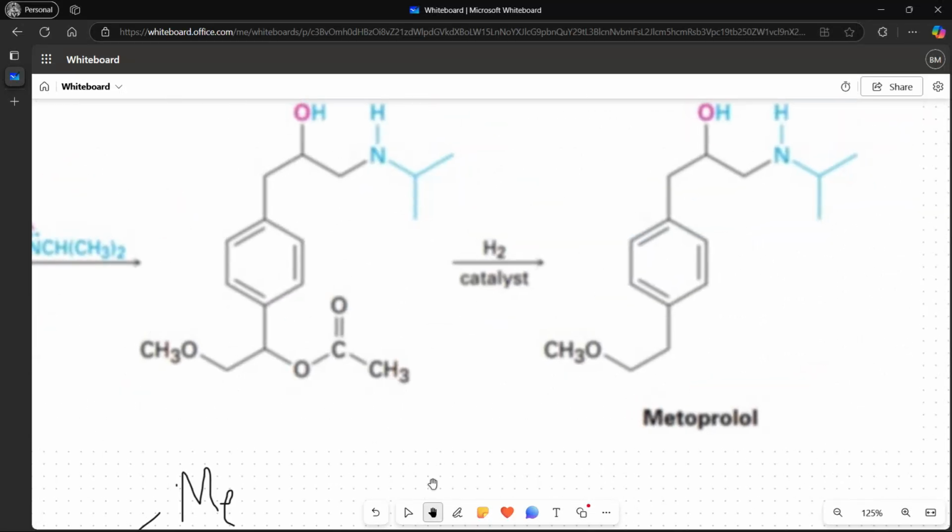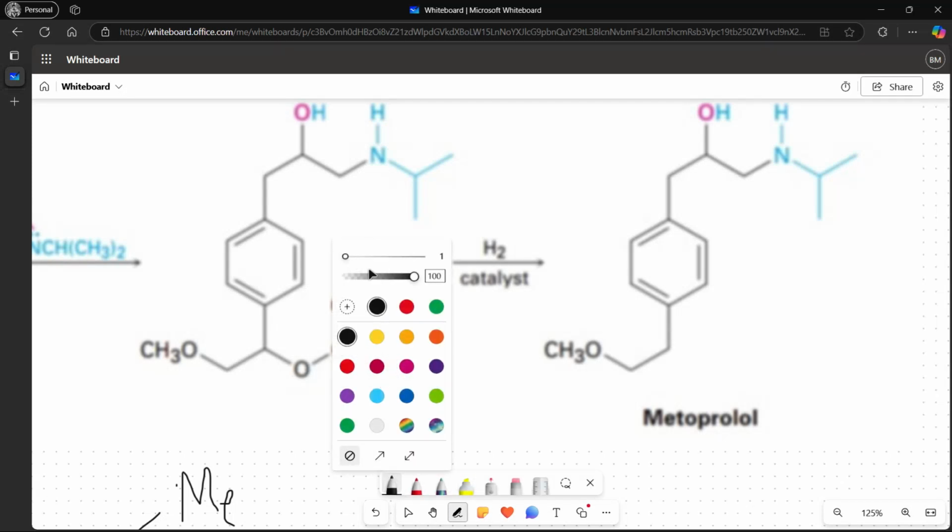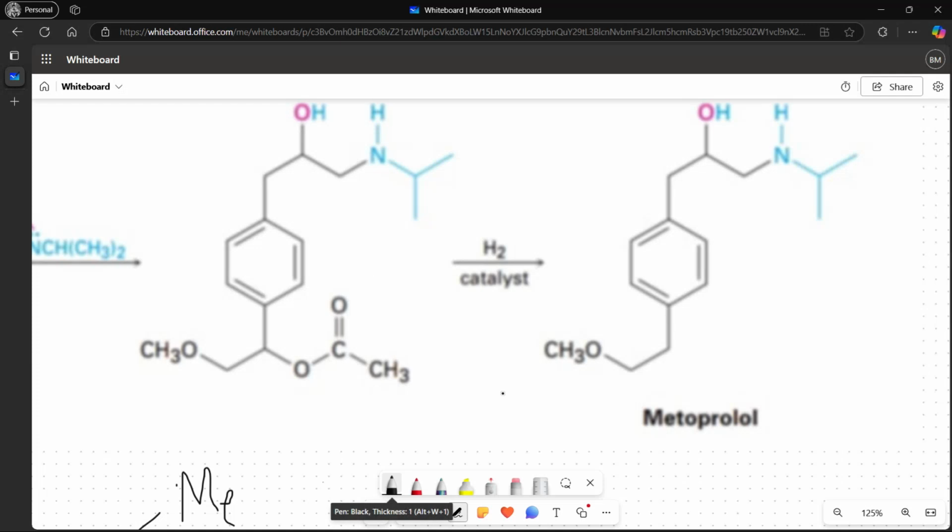So your H2 over here is any catalyst. It could be palladium over carbon, I think, usually because that's a common catalyst for hydrogenation.